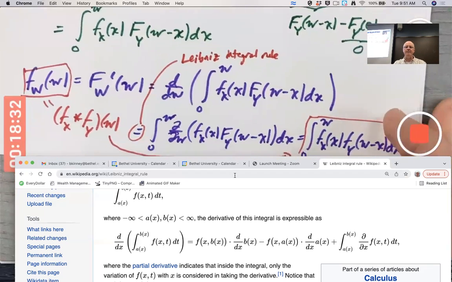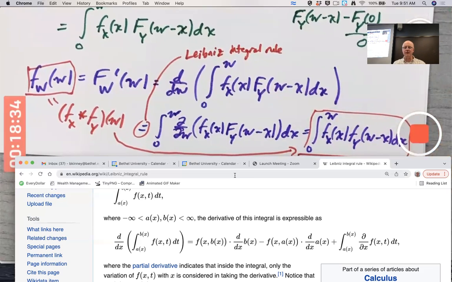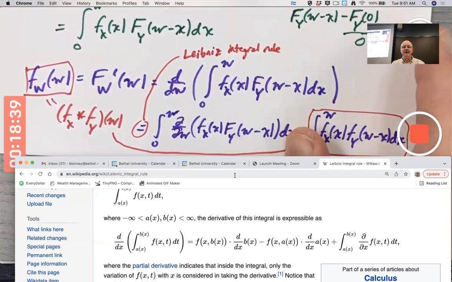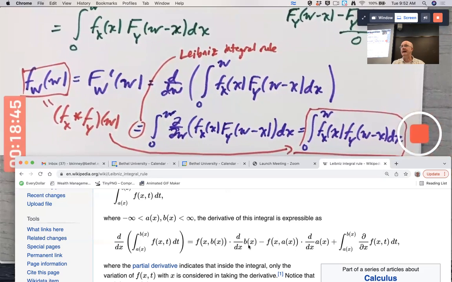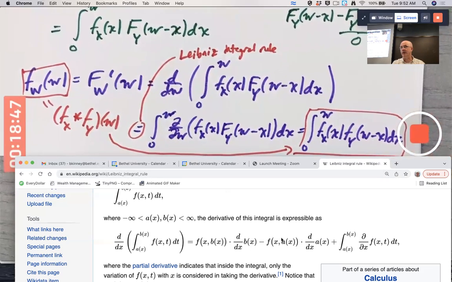Okay. I'm not going to prove the Leibniz integral rule. That's beyond the scope of what we're doing here. We're just using it. And again, I'll leave it as an exercise due Thursday. I'll put it on Moodle to confirm that in our situation, these first two terms are 0.